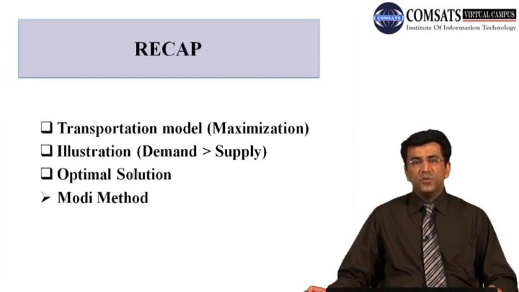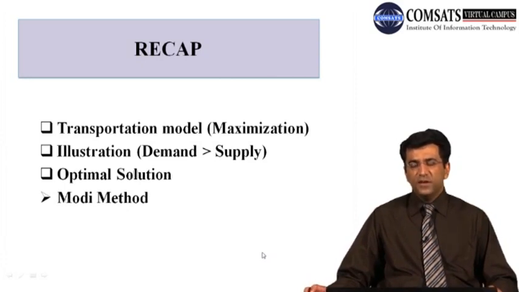Again, we discussed two important steps which we should follow when we are interested in maximization of profit by using the transportation model technique. Whenever we formulate our initial table, either by the northwest method or by the least cost method, we will have to multiply each of these values, which are actually the profit margins, by -1. These values are usually, not always, but usually written on the upper right corner of the different cells.